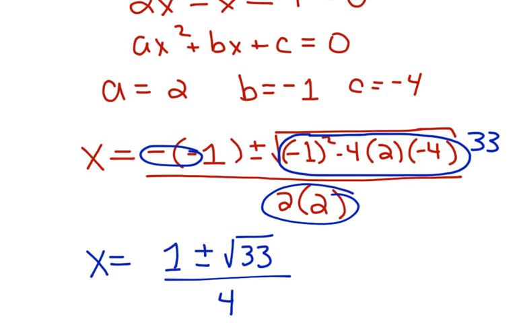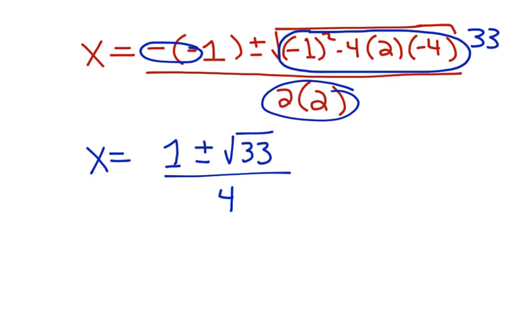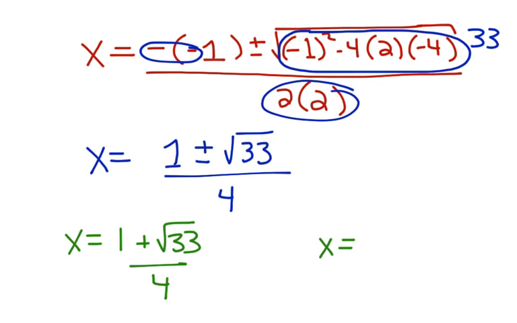The plus or minus symbol actually means that there are two solutions to this problem. The two solutions are x equals 1 plus the square root of 33 divided by 4, and the other solution is x equals 1 minus the square root of 33 over 4.